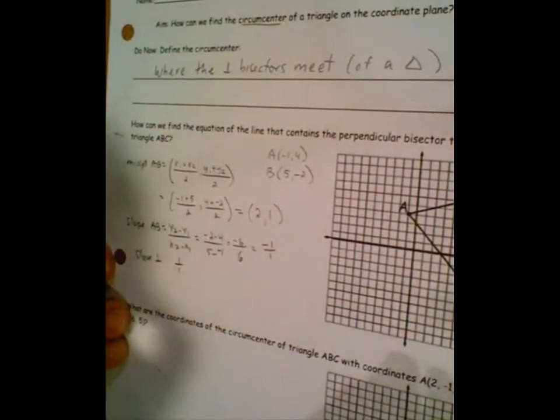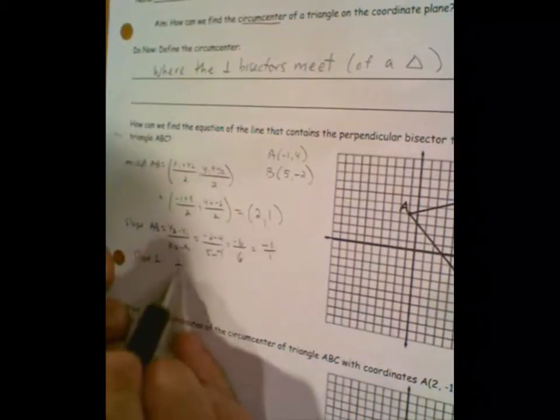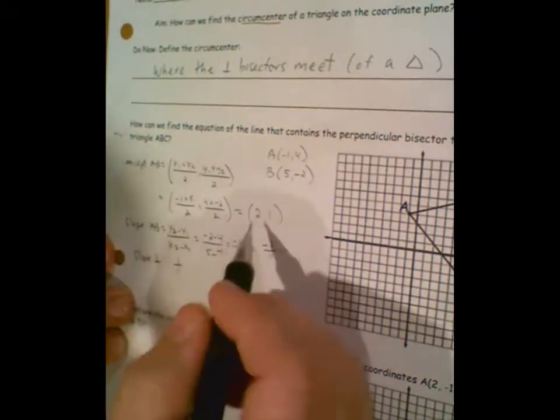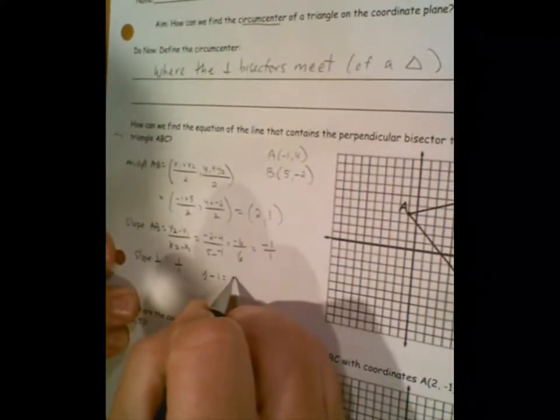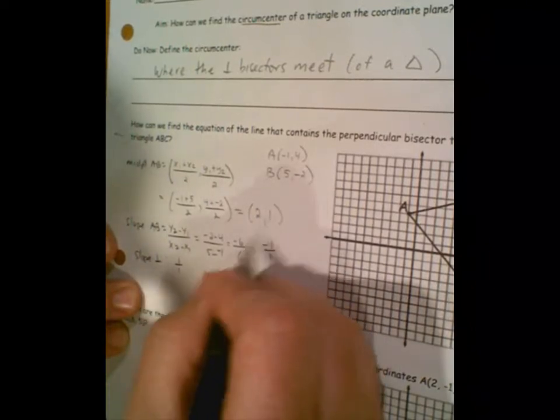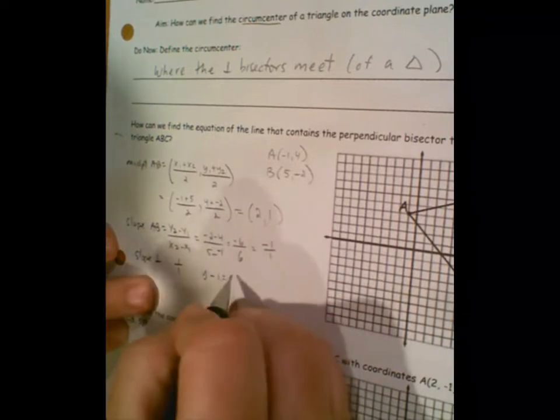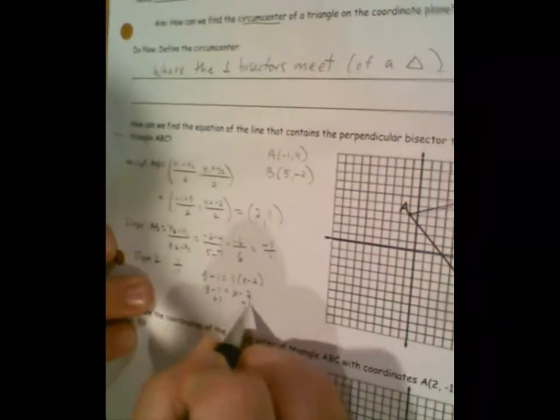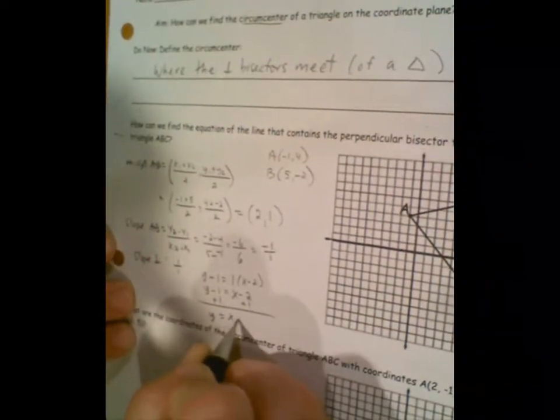So now I have a midpoint, and I have the negative reciprocal slope, and I'm going to use point-slope form to get the equation. y minus y1 equals m times x minus x1. y minus 1 equals 1 times x minus 2. y minus 1 equals x minus 2, plus 1 on both sides. y equals x minus 1.